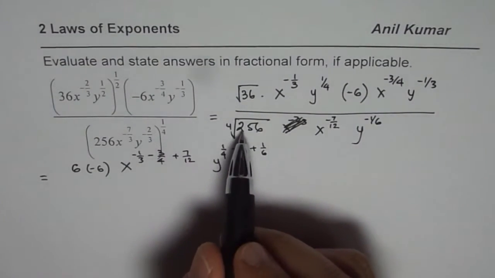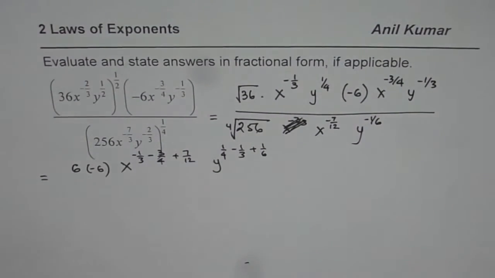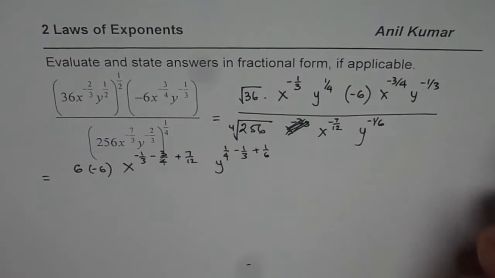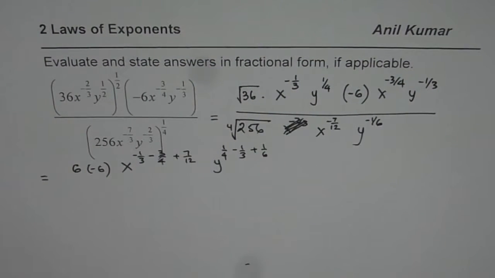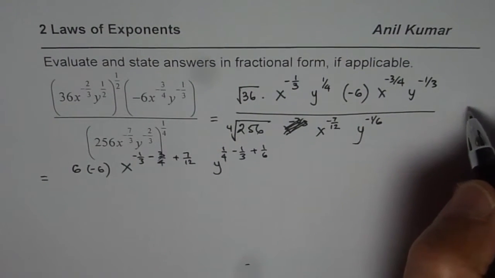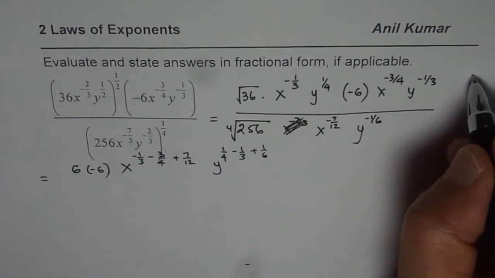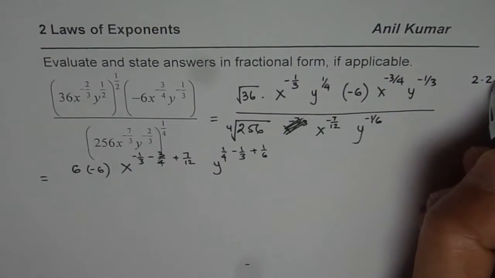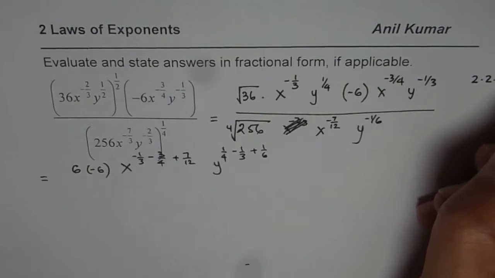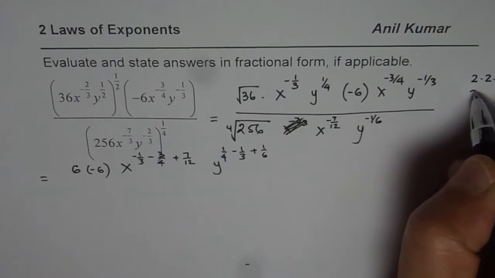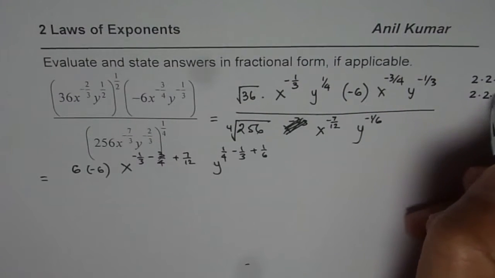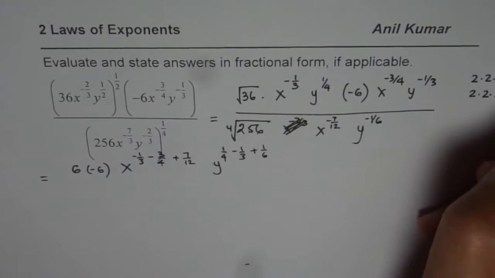Now what is the fourth root of 256? Now you should actually remember the roots, products of 2's, right? You can actually use the calculator also. So 2 times 2 is 4, 4 times 2 is 8, 8 times 2 is 16, then you get 32, and then you get 64, 128, 256.